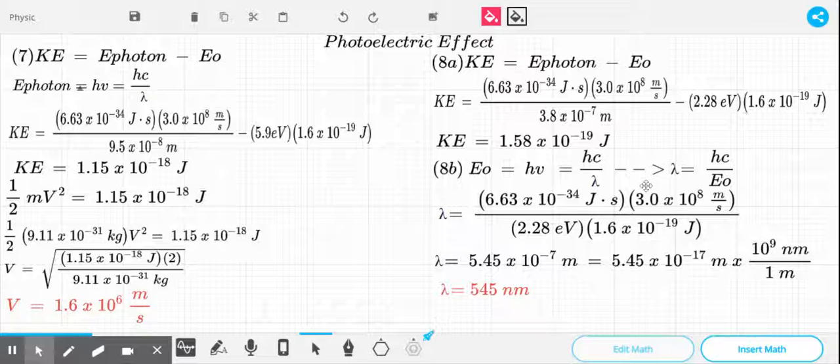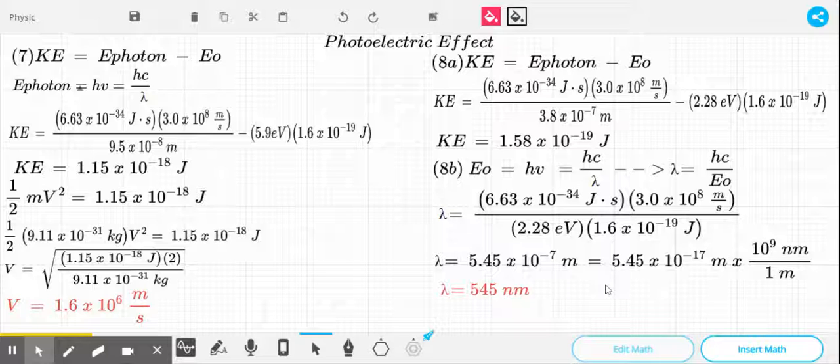But then we will change it to wavelength equals h times the speed of light over the energy of the work function, which will be 6.63 times 10 to the negative 34 joules times seconds, times the speed of light, which is this, and then divide by 2.28 electron volts times 1.6 times 10 to the power of negative 19 joules. And the wavelength you should get is 5.45 times 10 to the power of negative 7 meters.